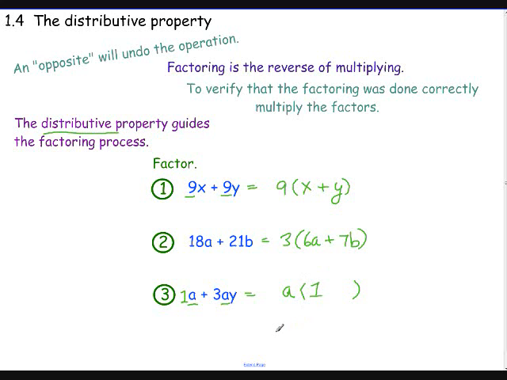A lot of people forget that. A divided by a is going to be equal to 1. If I were subtracting, I would get a 0. But anytime you're factoring, dividing, you're going to get a 1 plus 3y.